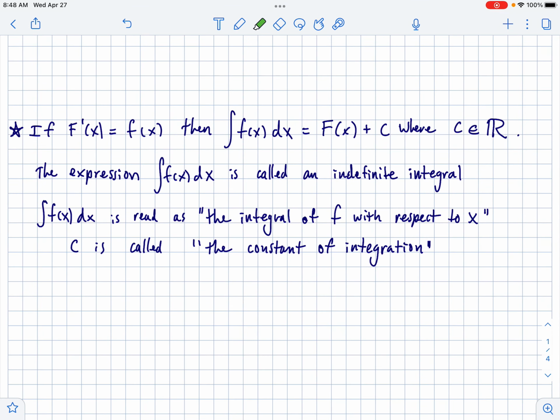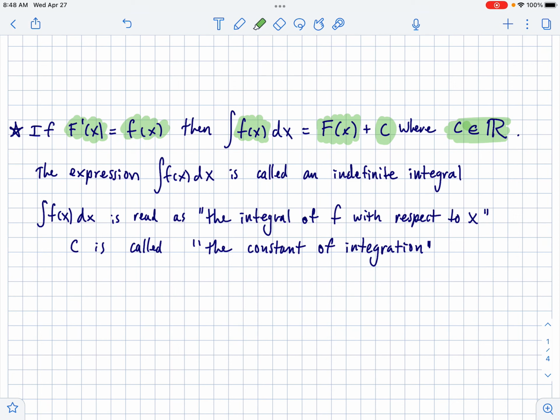Here's the formal definition of everything I just said. If the derivative of capital F is lowercase f, then if you integrate lowercase f, you get capital F back, but you have to put a plus c on the end, where c is an element of real numbers. The f of x dx part is called the indefinite integral.